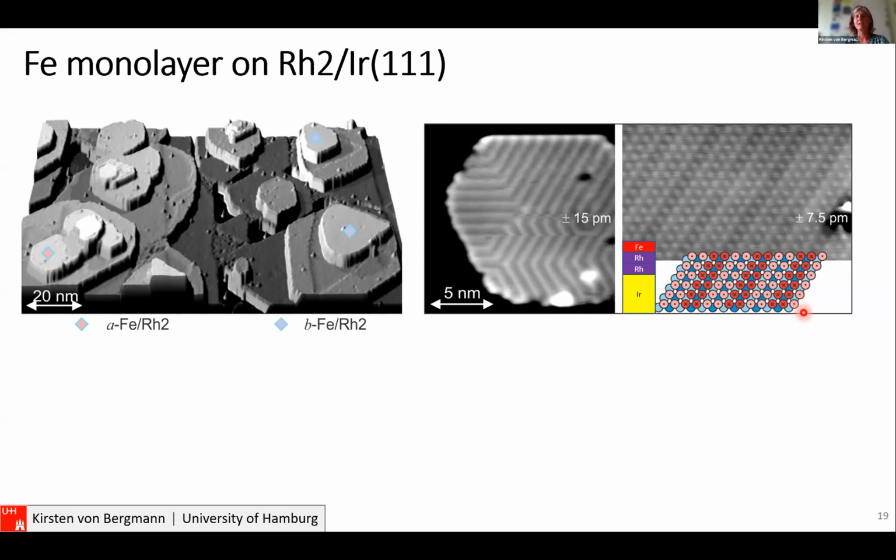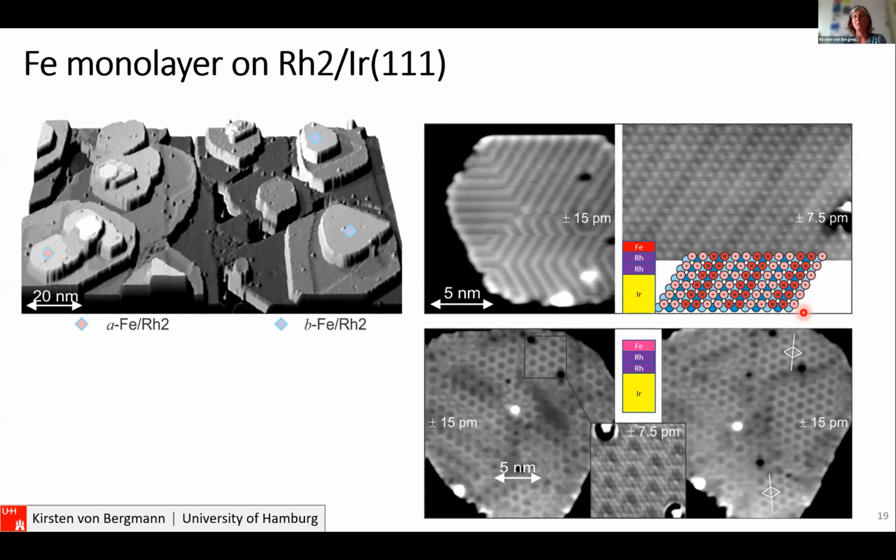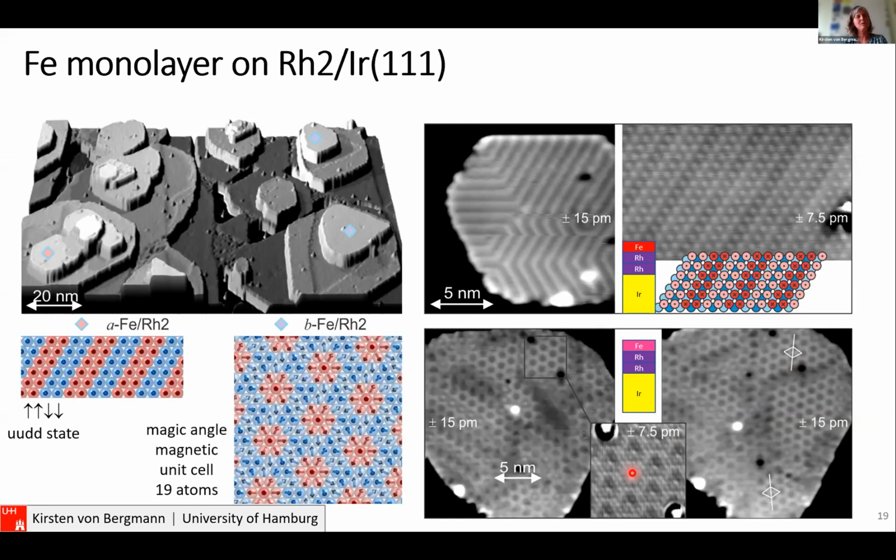So we think this is an up-up-down-down state, whereas in the other stacking, again, we see a hexagonal state, likely due to higher order interactions. And we see that it's commensurate and can occur in slightly different tilts. We have this atomic resolution image and can derive this spin structure here, which is somehow canted by some magic angle. So here we have 19 atoms per skyrmion now.